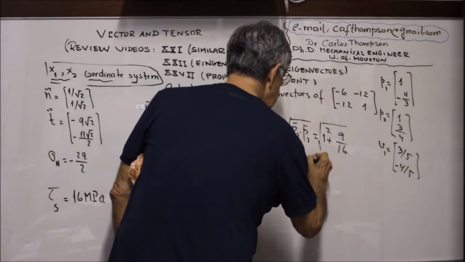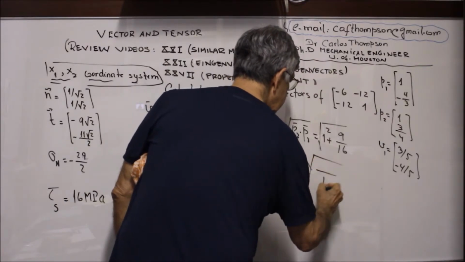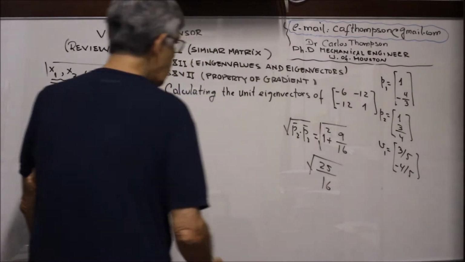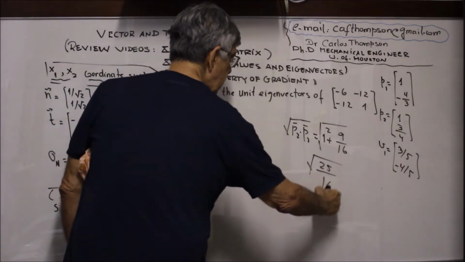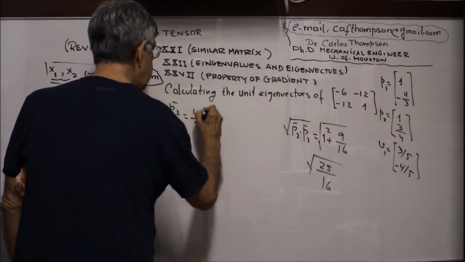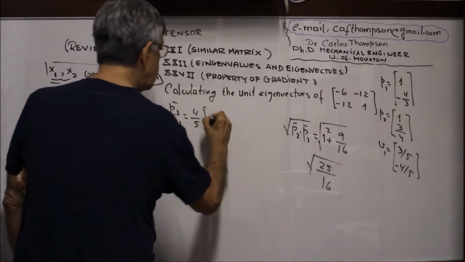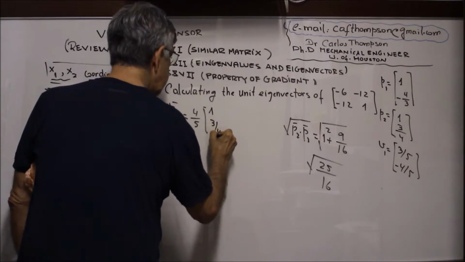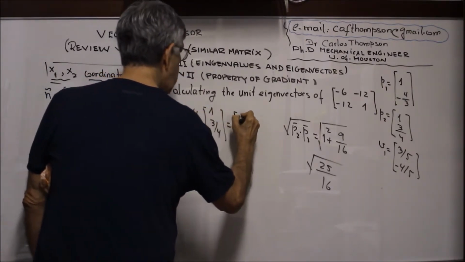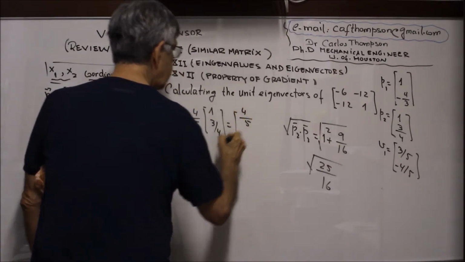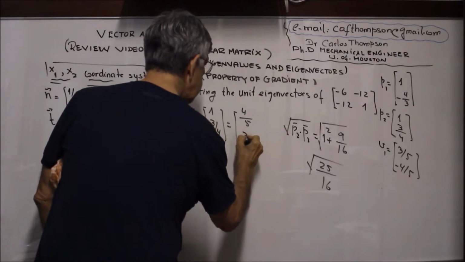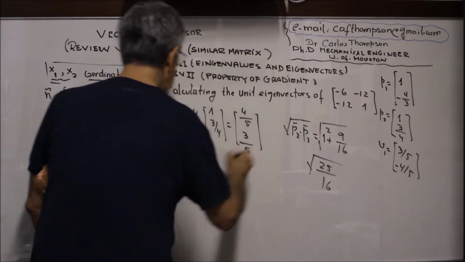So this will be the square root of 25 over 16, which is 5 by 4. So the inverse is 4 by 5, that multiplies P2, 1 and 3/4. So this is equal to 4 divided by 5, and here the 4 cancels. This will be 3 divided by 5.